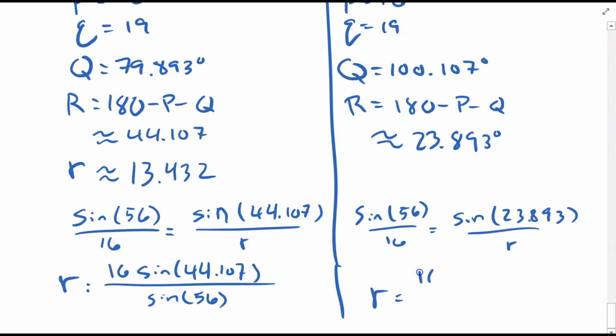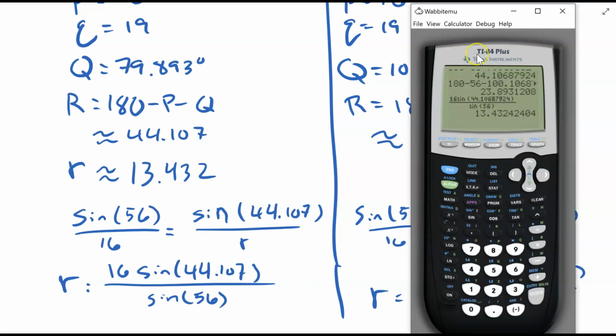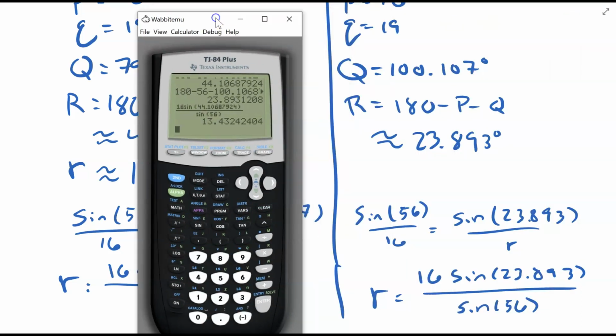So I get r equals 16 sine 23.893 over sine 56. And that's 7.187.